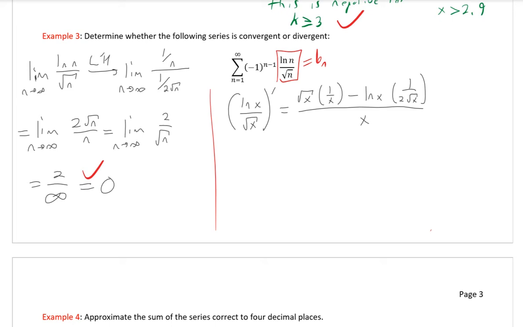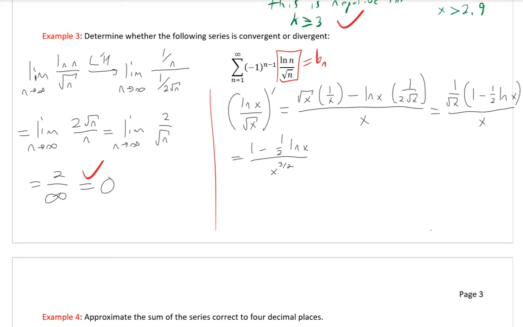Root x over x is 1 over root x, minus natural log of x times 1 over 2 root x. So I should be able to pull a 1 over root x out of each of those. 1 over root x times 1 minus 1/2 natural log of x, divided by x, which is 1 minus 1/2 natural log of x over x to the 3/2.